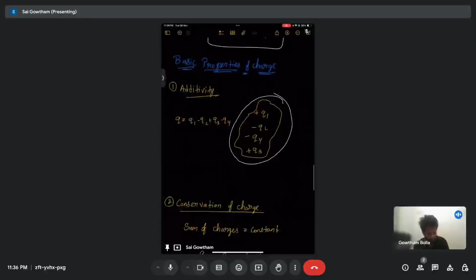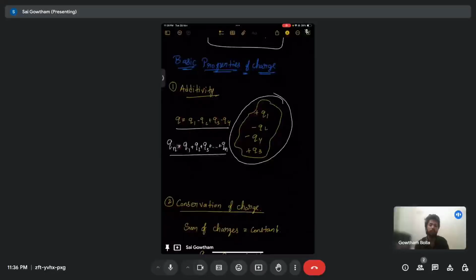Suppose we have n charges in a system, then the net charge is q1 plus q2 plus q3 and so on plus qn.